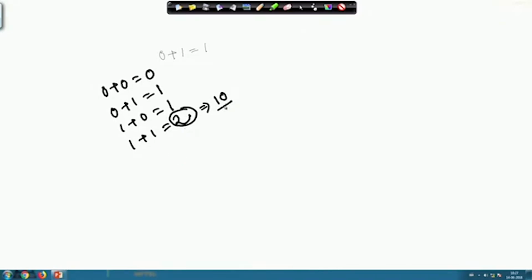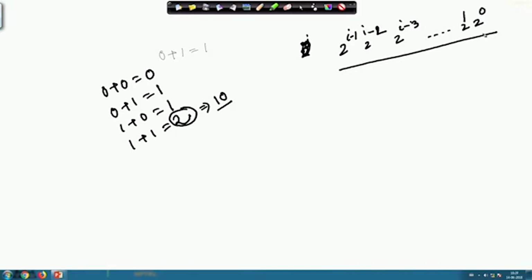Why 1 0? Basically, in binary coding each bit position is weighted: 2 to the power I minus 1, then 2 to the power I minus 2, I minus 3, up to 2 to the power 0. So the bit position is weighted something like this.